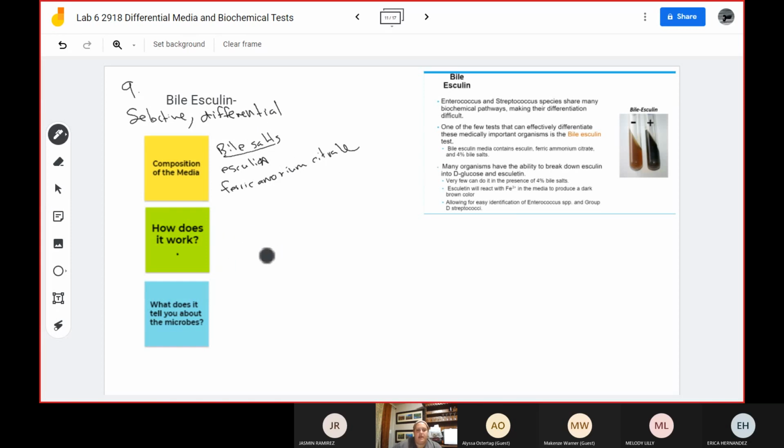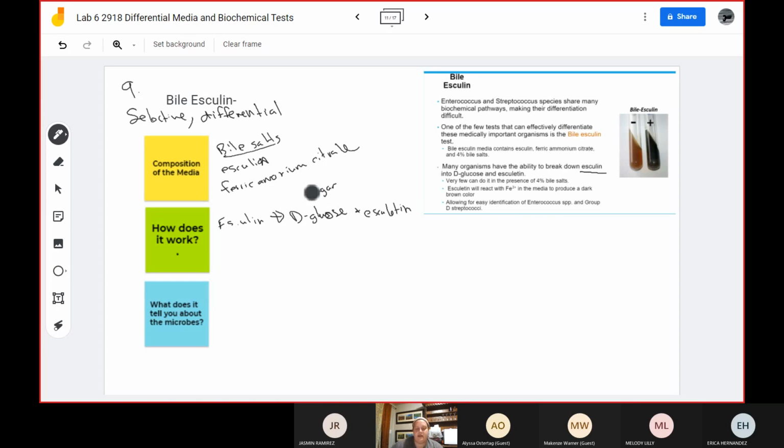How does it work? If the bacteria is able to grow on these slants, so they pour the agar in the tube and then you can plate the bacteria along these slants. If it is able to grow on the slants, if it's able to utilize esculin as a food source and convert it into D-glucose, which is a simple sugar, and esculetin.